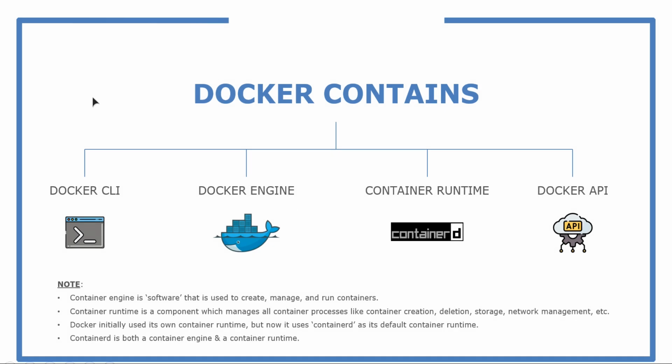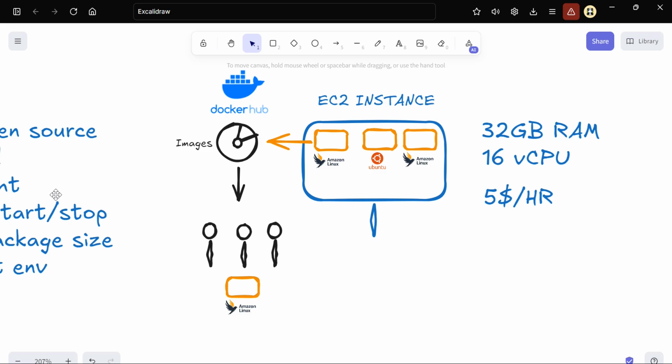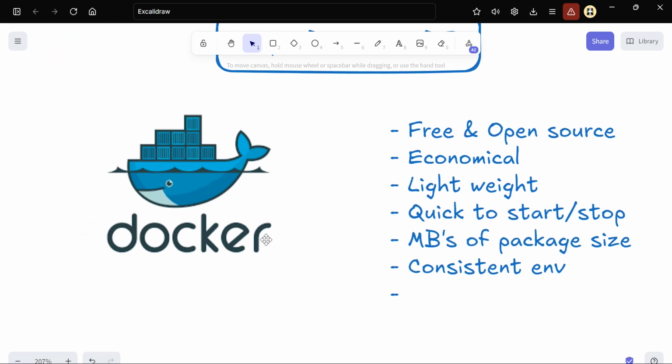Now moving ahead, let us understand what components Docker contains. The moment you install Docker, you will get a Docker CLI, using which you will be running the Docker commands.